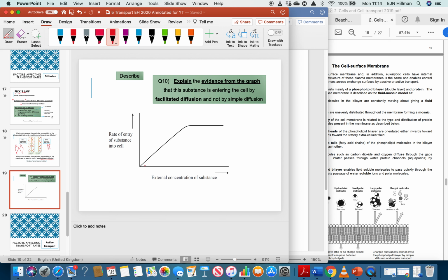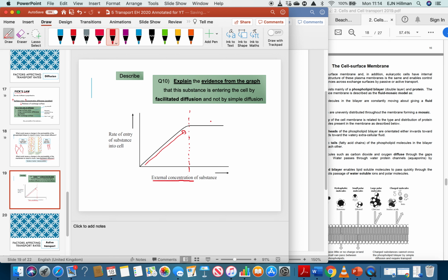So at this stage, between here to here, the limiting factor, or the factor which determines the rate, is the external concentration. At this point, the rate no longer increases.